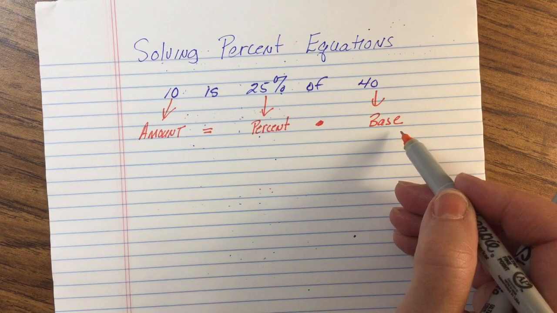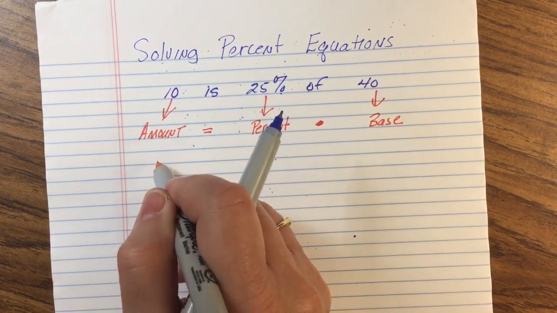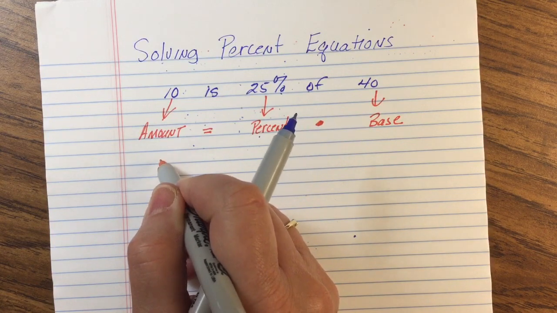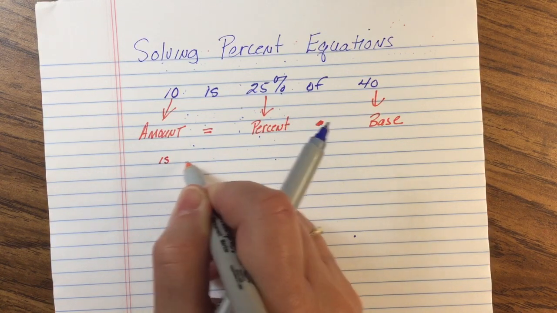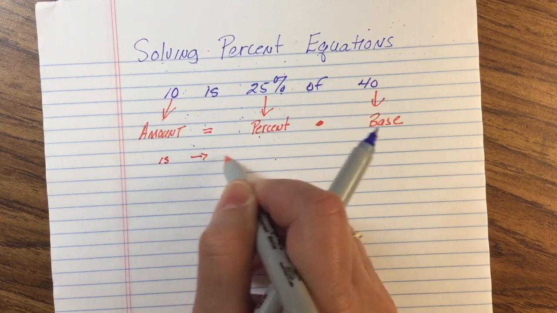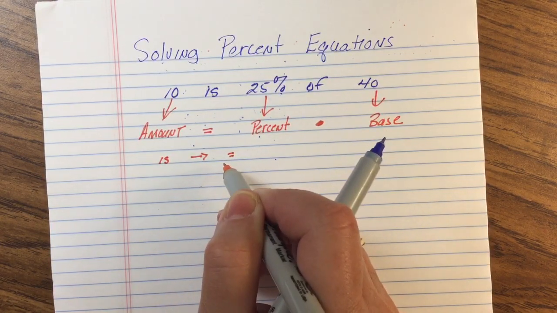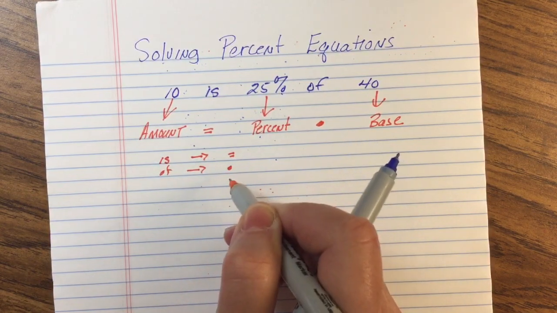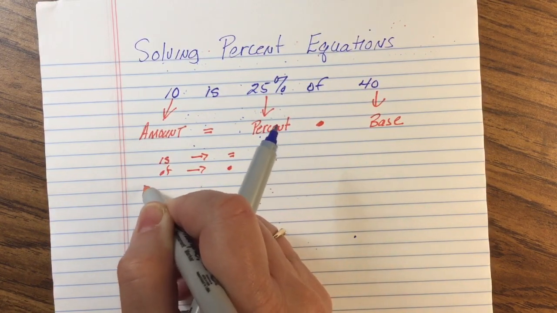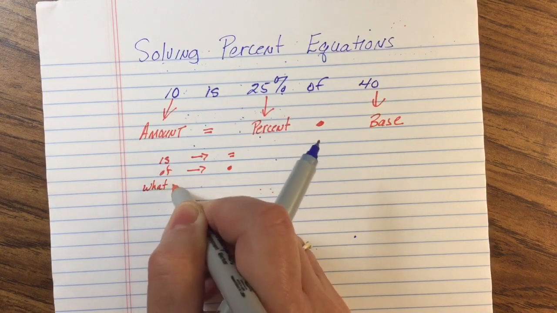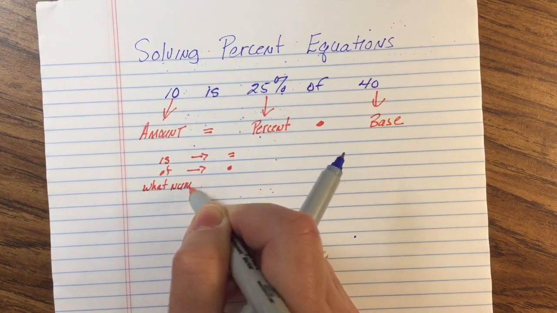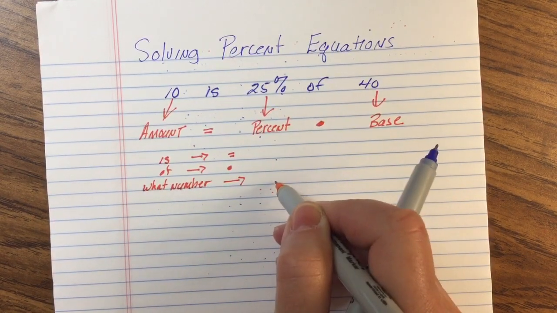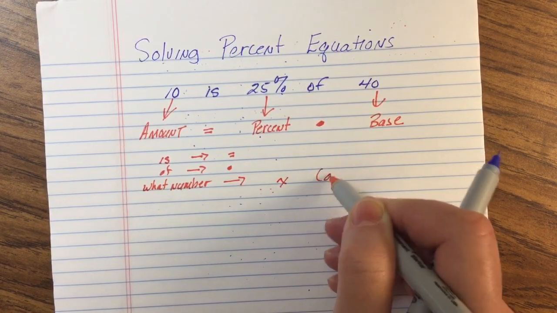Now I want to reiterate here that anytime you're translating a percent statement into an equation, you need to remember that is replaced by an equal sign, of is replaced by the multiplication symbol, and the words what number will be replaced by a letter, usually X, or any letter.